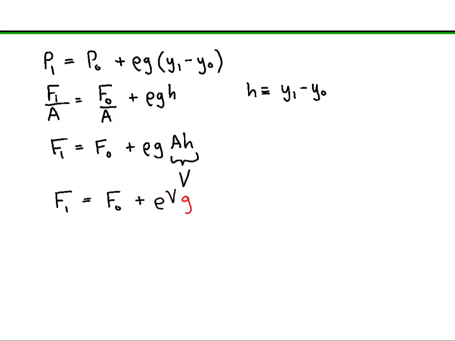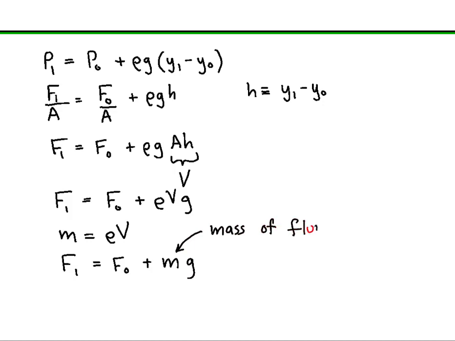But remember, mass equals density times volume. So the force on the lower surface equals the force on the upper surface plus mass times gravity. We should recognize that this density is the density of the fluid we are immersed in, so this mass corresponds to the mass of the fluid that we are immersed in.